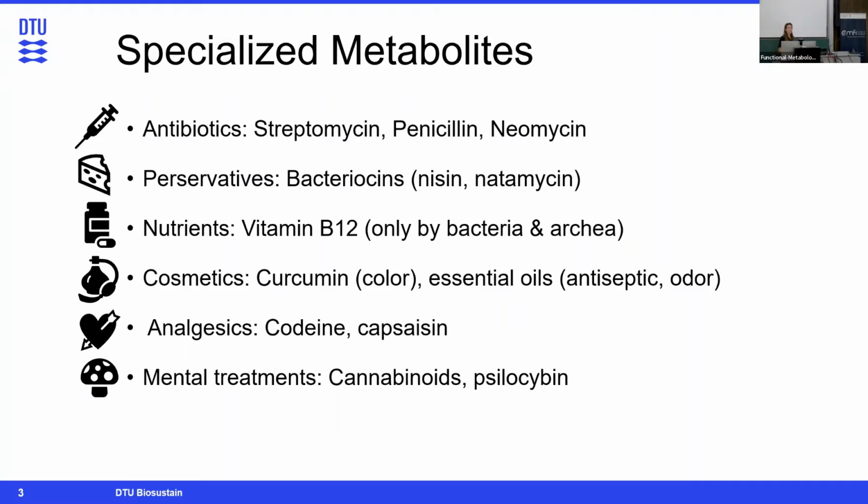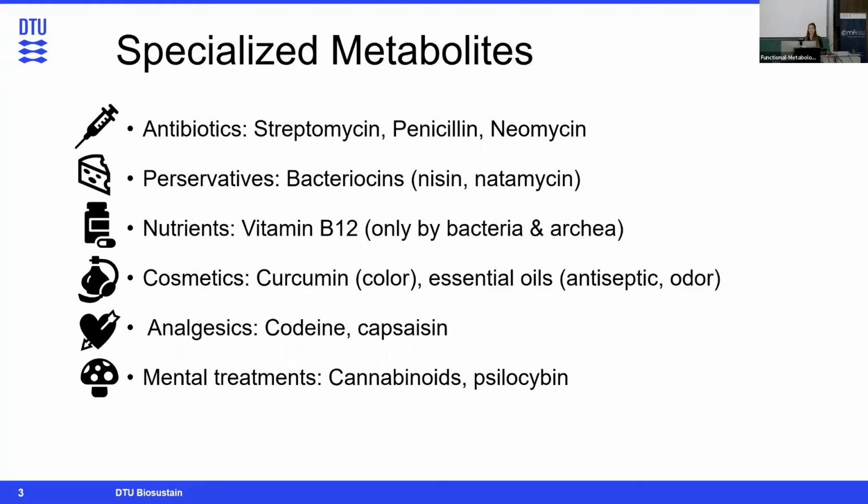We also use a lot of specialized metabolites in cosmetics like curcumin, which is from turmeric, and it has this bright yellow color. Essential oils could have these characteristics of odor or be used as antiseptics. Then analgesics.